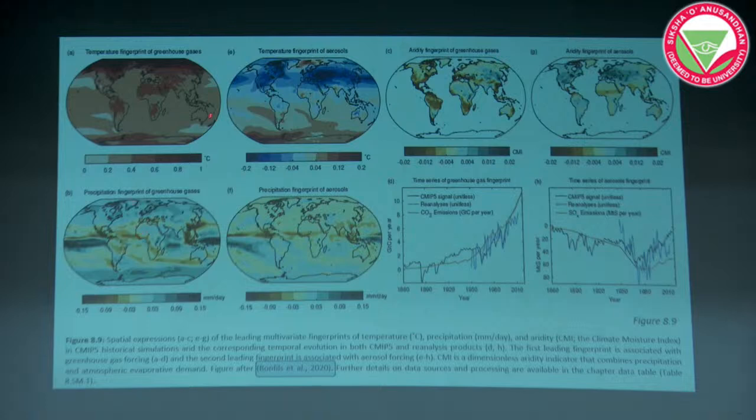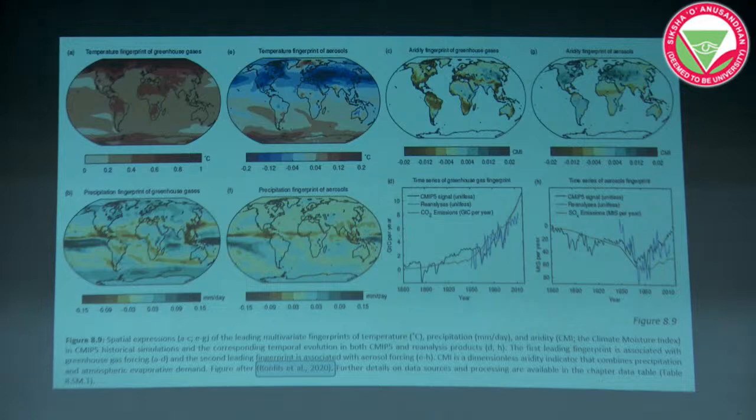So what we do is the fingerprint: the greenhouse gases will try to warm, mostly in the high latitude and mid latitude, and the aerosols will try to cool over the continental areas. And so with the aerosols, you have an interhemispheric asymmetry. More cooling, because the emissions are all in the northern hemisphere compared to the southern hemisphere. The southern hemisphere is relatively warmer.